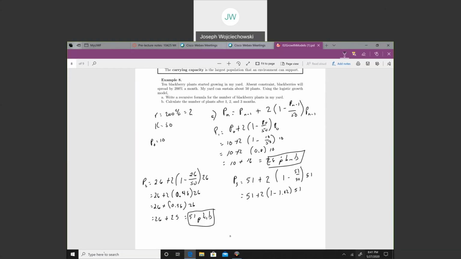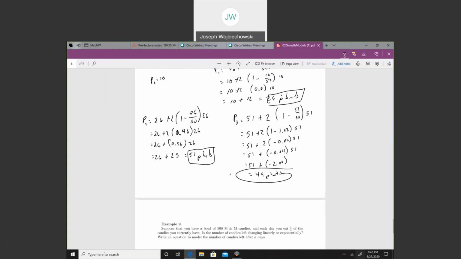So see what happens here is we end up with a negative 0.02. We end up with 51 plus negative 0.04 times 51. So I get 51 plus negative 2.04. This will be roughly 49 plants. So that's what happens. So we lose some to get below the carrying capacity.